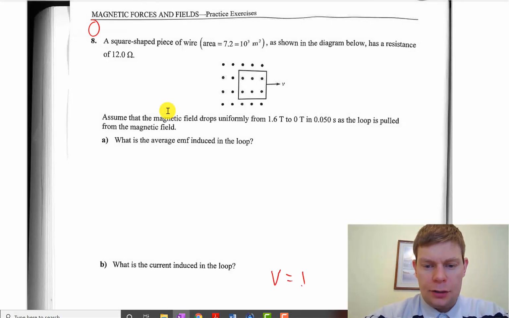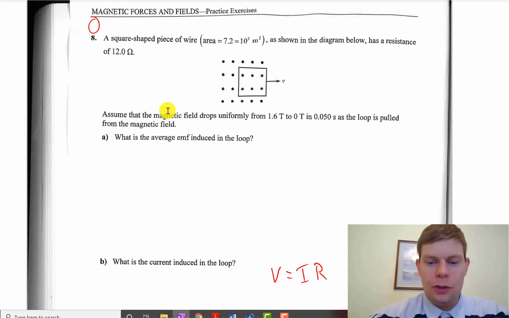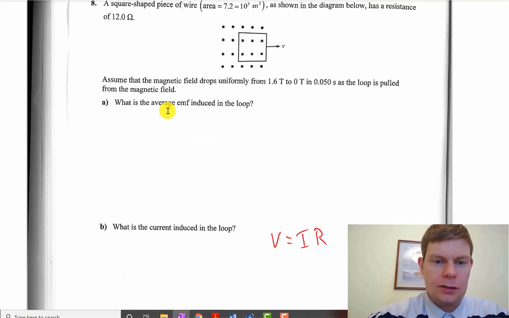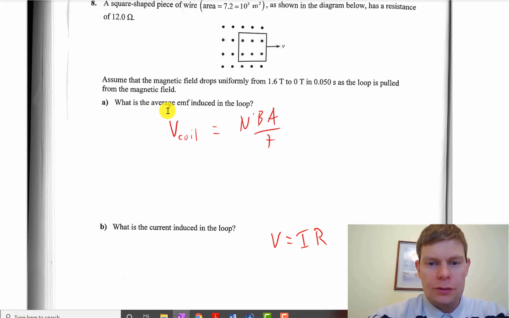So we will have a voltage, V equals IR. Just reminding you, that still exists. We know it's 12 ohms, so whatever you get from this V coil, from your NBA over T, or change in flux over T, put in here.